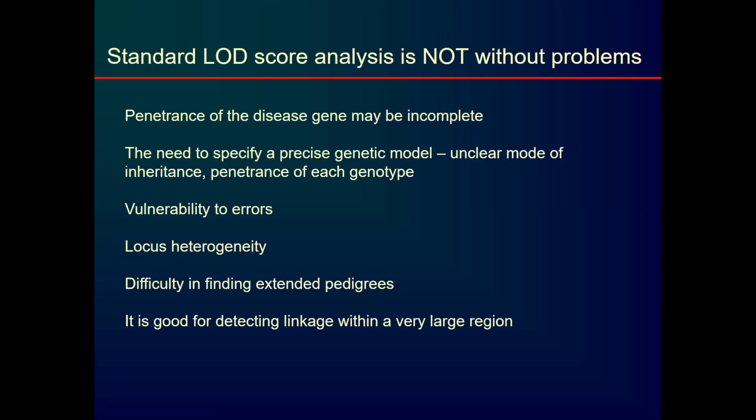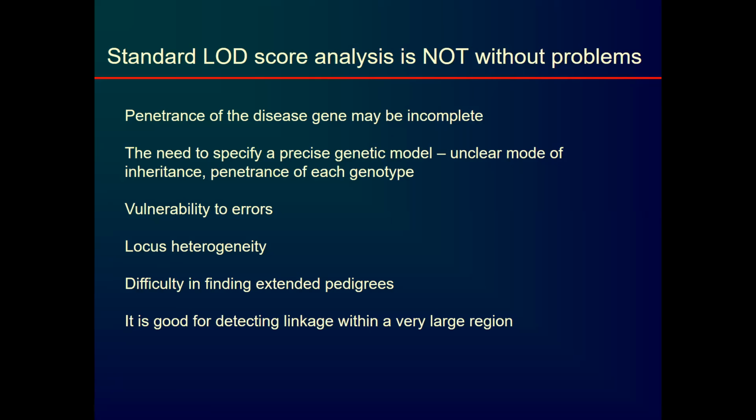So linkage analysis is extremely powerful, but it does have problems as well. Often it's very difficult to find the exact pedigrees. The biggest problem with linkage analysis is that it cannot really point to a specific gene in the genome. It can only give you the linkage region.